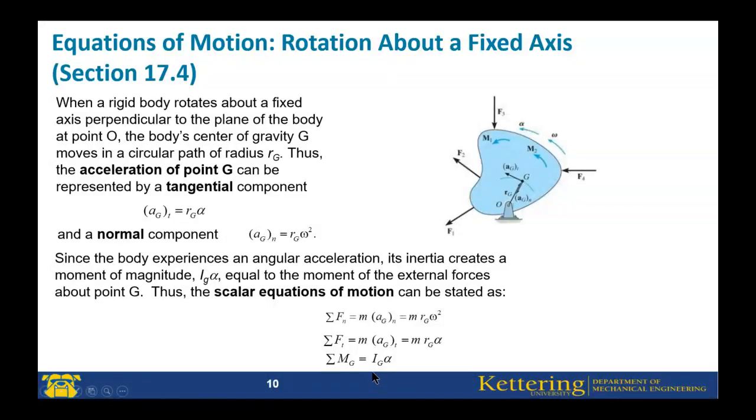Now, the only difference is that these equations are similar to the equations I used for a rigid body in translational motion, but there's a little bit of difference. For rotation of the rigid body only, I use a normal and tangential coordinate system instead of the XY coordinate system.